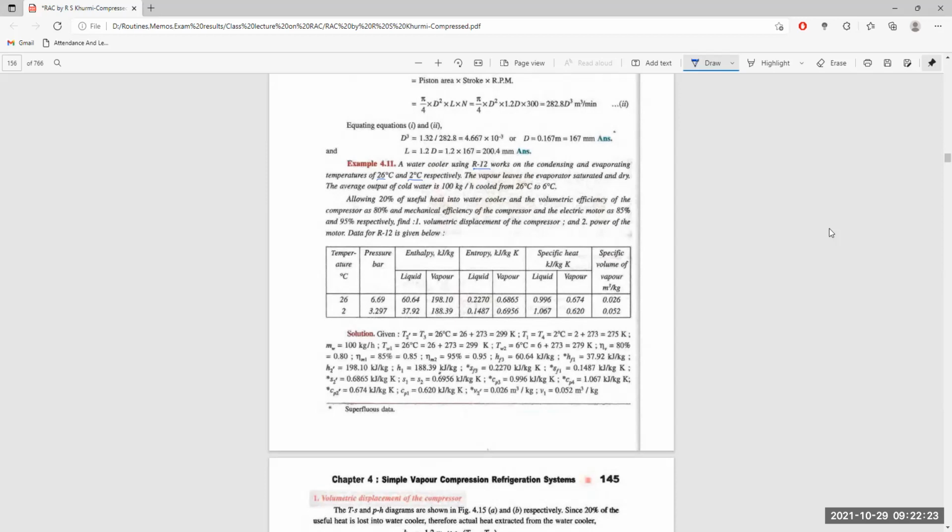And with the available data, which gives the condenser temperature and evaporator temperature, the corresponding pressures are 6.69 bar and 3.29 bar. And here T2 dash is equal to T3, as per the figure below.